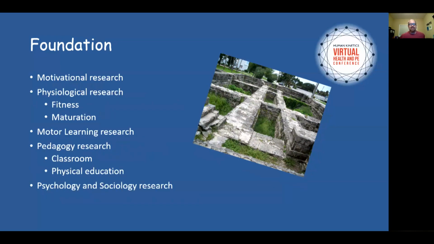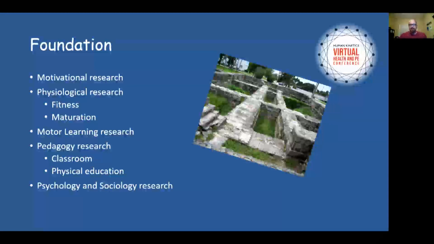There is a little bit of foundation related to the research. As I just talked about, motivational research is intertwined in all of this. Physiological research, whether it's fitness, maturation, or bone development, you'll see sections and components of that. Motor learning research: how do you teach concepts? How do you teach motor skills to individuals?